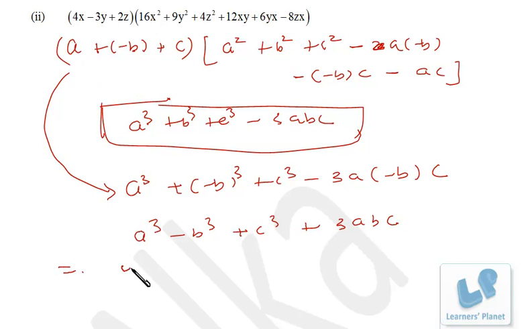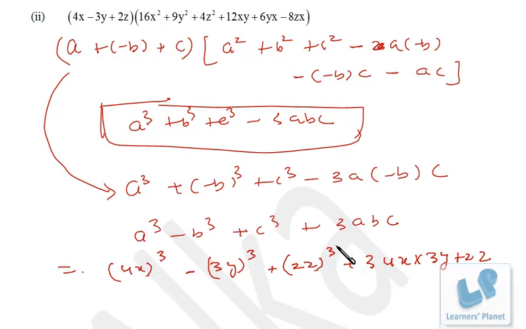Now this is 4x whole cube minus 3y whole cube plus 2z whole cube plus 3 into 4x into 3y into 2z, right? You can expand it. It is 64x cube minus 27y cube plus 8z cube plus 3 into 4, 12, 3s are 36, 2s are 72xyz.